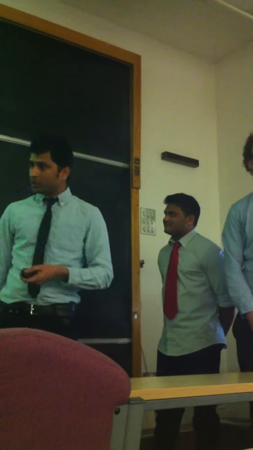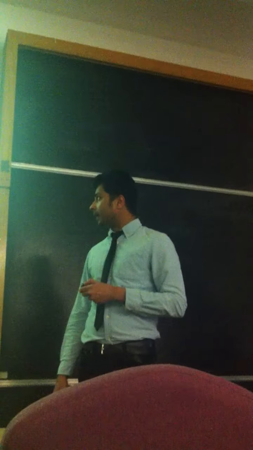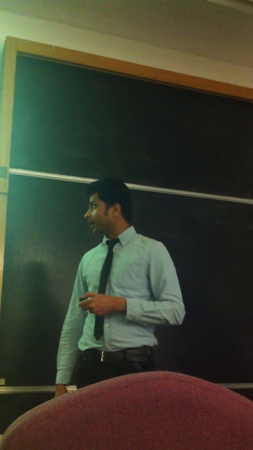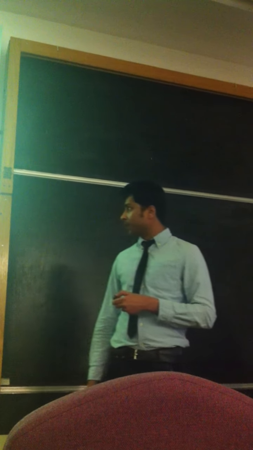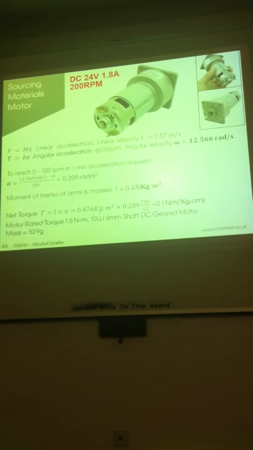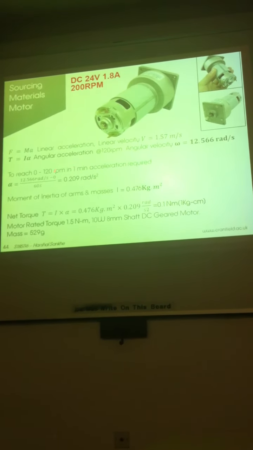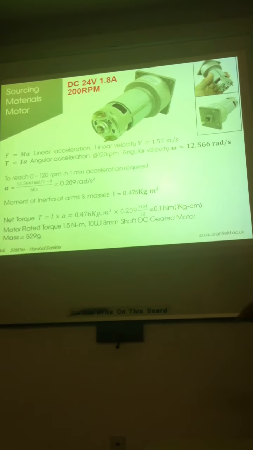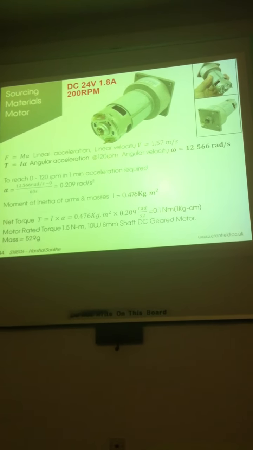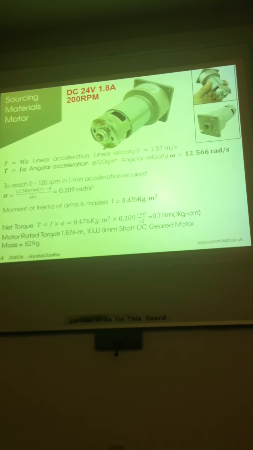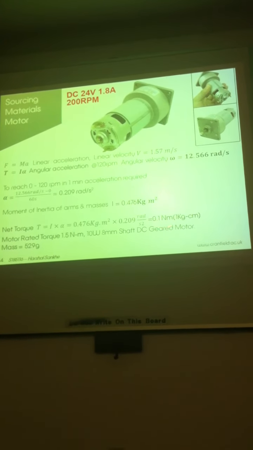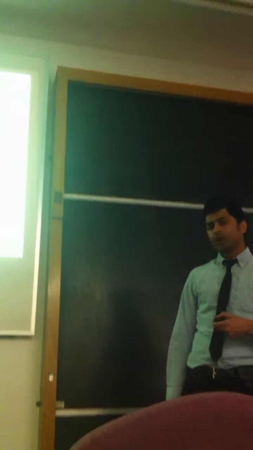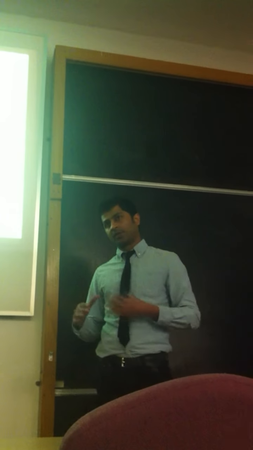To reach from 0 to 120 RPM in 1 minute, the acceleration required is omega minus 0, going from 0 to 12.566 radians per second, divided by 60 seconds. So this was the acceleration. The moment of inertia of the arms, the masses, and the rotating shaft was 0.476. So the net torque calculated was substantially low, but there was a certain criterion about mass, as I mentioned earlier.